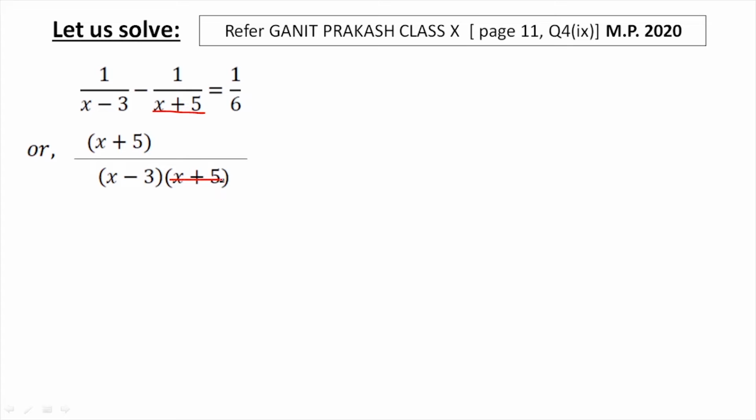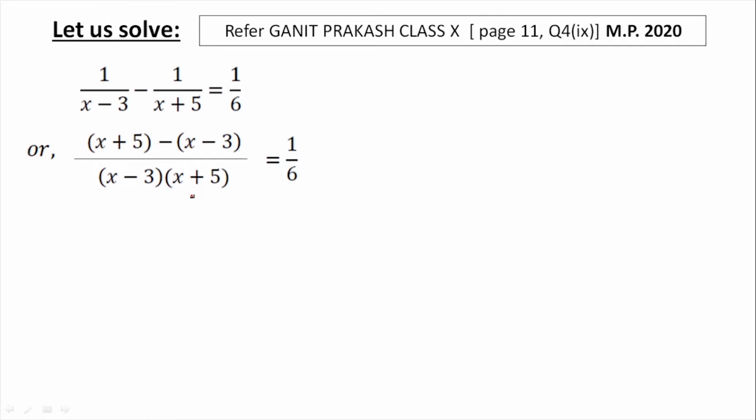So we'll cover this up. What is the term remaining out here? x minus 3. So we'll multiply this with 1, the number in the numerator. Here it is minus, so we'll write minus in between, and x minus 3 into 1 is x minus 3. So this is what we get, equals 1 by 6.